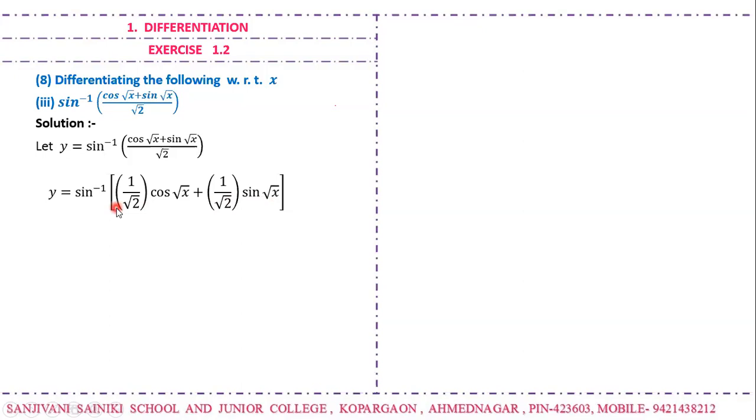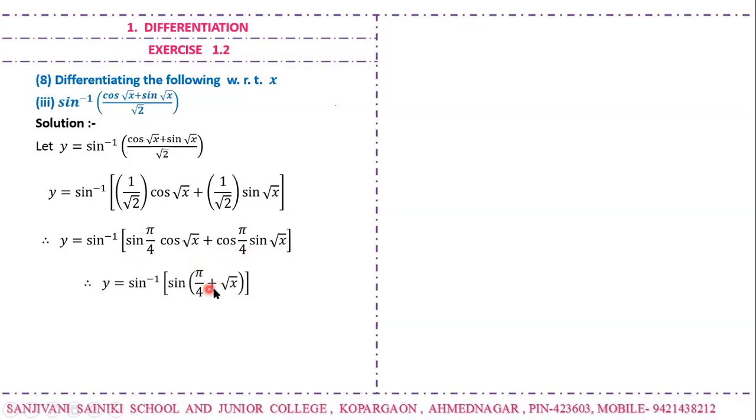We can directly put the values of sin pi by 4 and cos pi by 4. So sin pi by 4 cos root x plus cos pi by 4 sin root x is nothing but sin of pi by 4 plus root x. Again sin inverse and sin cancel each other, and we get y equal to pi by 4 plus root x.